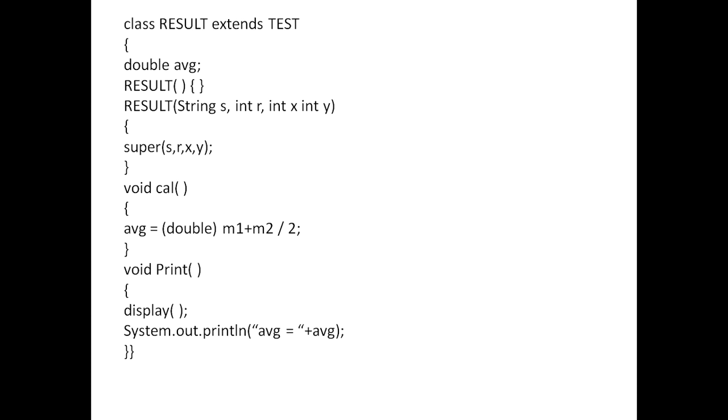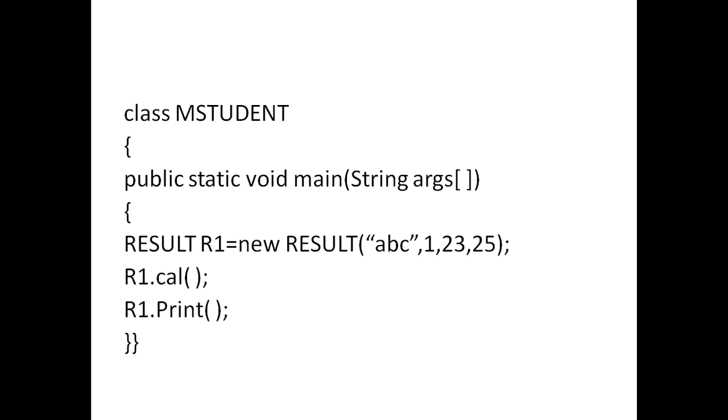Then we have defined one more class called result, which is a class derived from test, which will calculate the average of the two marks obtained in the subjects, which we have calculated in a cal method, and then we have displayed the value of the average.